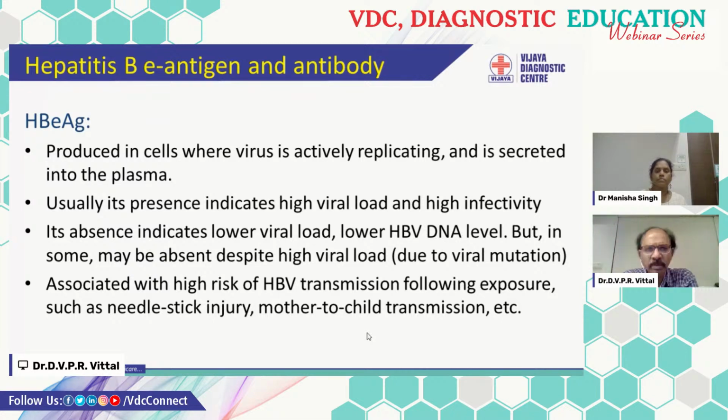So this particular antigen detection is very important, because a patient whose hepatitis B envelope antigen is positive has active multiplication of the virus inside his body, and his blood and blood products as well as his secretions, when we are exposed to them, carry every chance that the other person may get infected.